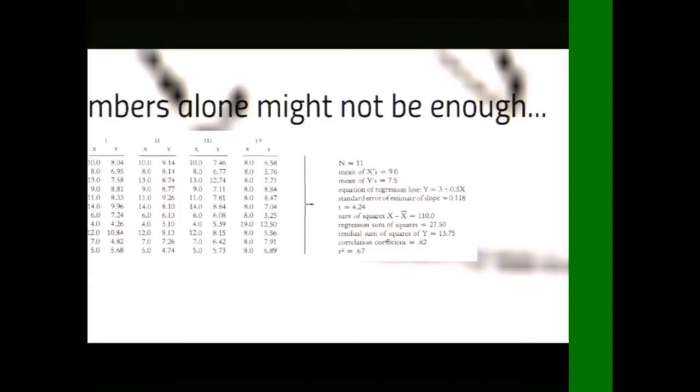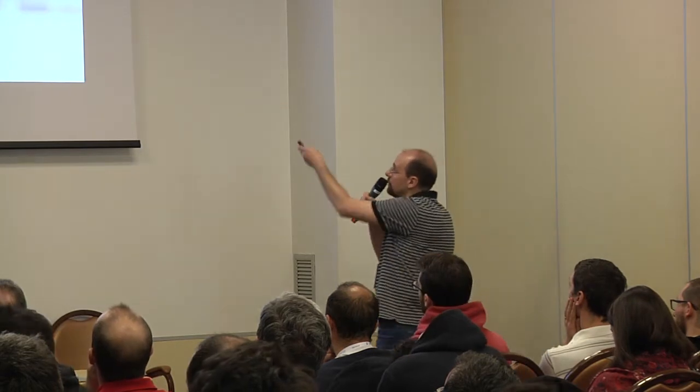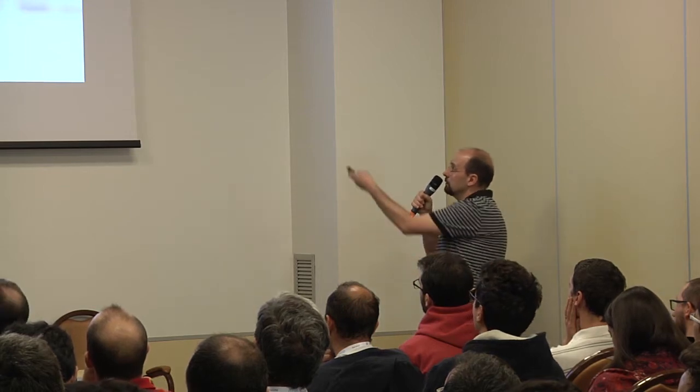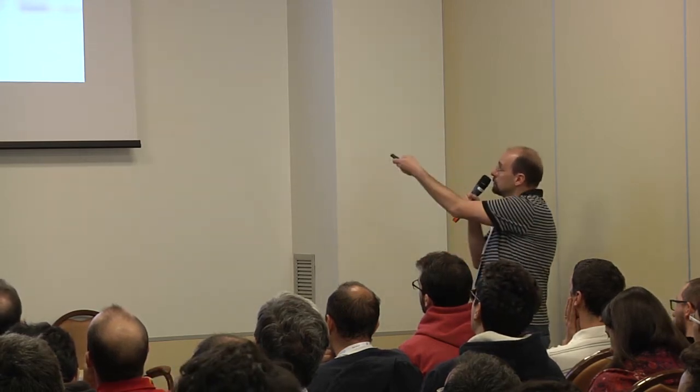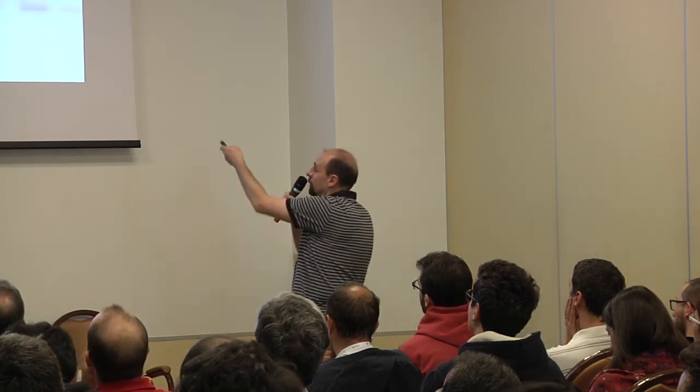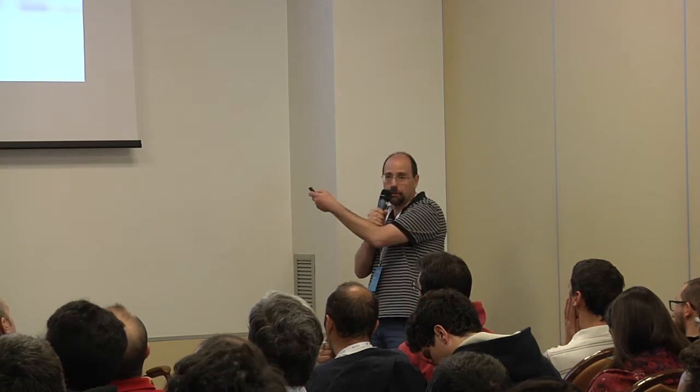What's nice about these points is that they share a lot of similar statistical properties. The mean of the x coordinate is the same, the mean of the y coordinate is the same, they have the same regression line, the same standard error, the same sum of squares, the same regression sum of squares, the same correlation coefficient, the same R squared. So pretty much they should be very, very similar, just looking at the numbers.